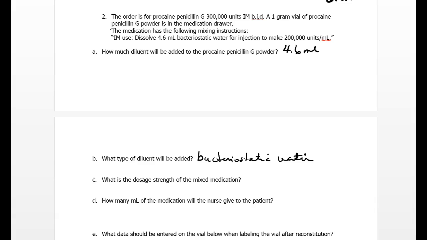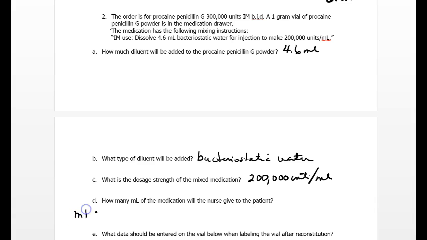So what's the dosage of the mixed strength? It's 200,000 units per mL. And I have to write out units because the U is one of the JCAHO do not use abbreviations. So how many milliliters are we going to inject or give to this patient?